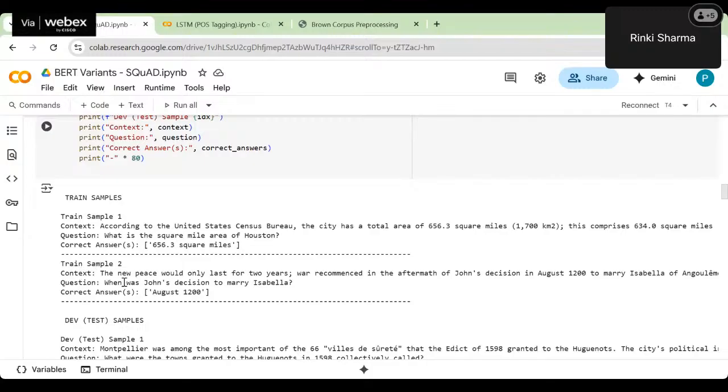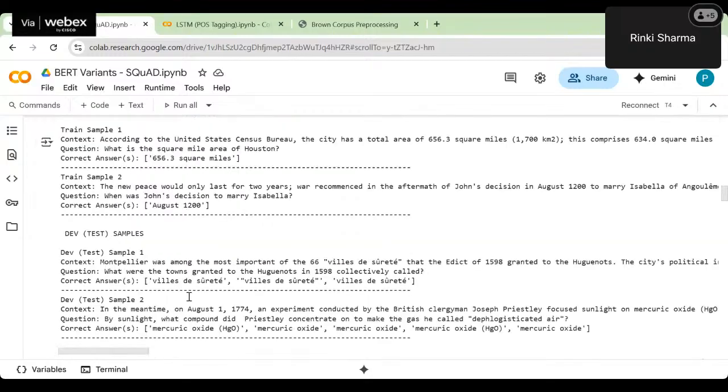Similarly, this is another context from the training data: the new piece would only last for 2 years, was recommended in the aftermath of John's decision.